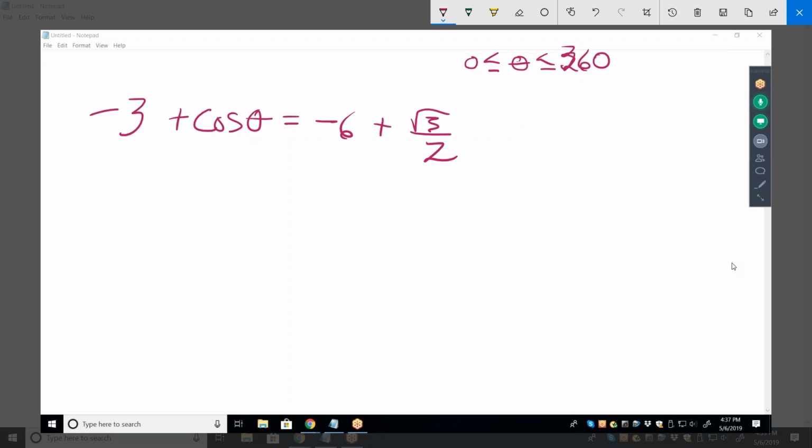I think it's negative 6 plus root 3, and the whole thing is divided by 2. Like that? Yeah. All right.